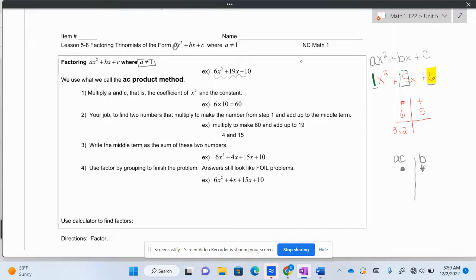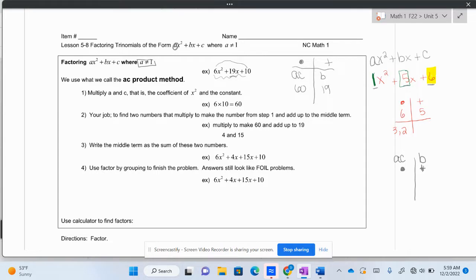So in terms of my times plus chart, instead of having a 1 in front of the x squared, I now have a 6. So what can I multiply together to get, let's see, a times c, or 6 times 10 is 60, that when I add, I get the number 19.